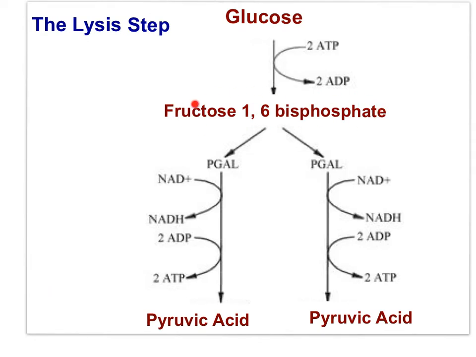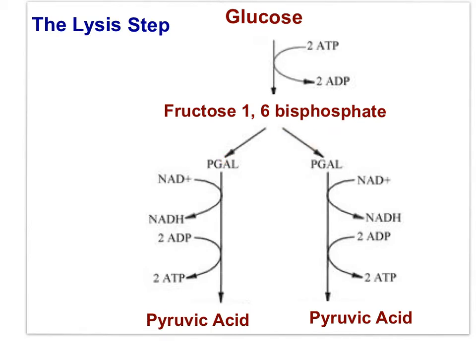Fructose 1,6-bisphosphate is lysed into 2 molecules, each of which proceeds through every metabolic step until all the carbon has been removed as carbon dioxide. By the way, we can see the expenditure of 2 ATPs to energize glucose, forming the more unstable fructose 1,6-bisphosphate, unstable and ready to be lysed in the next reaction.